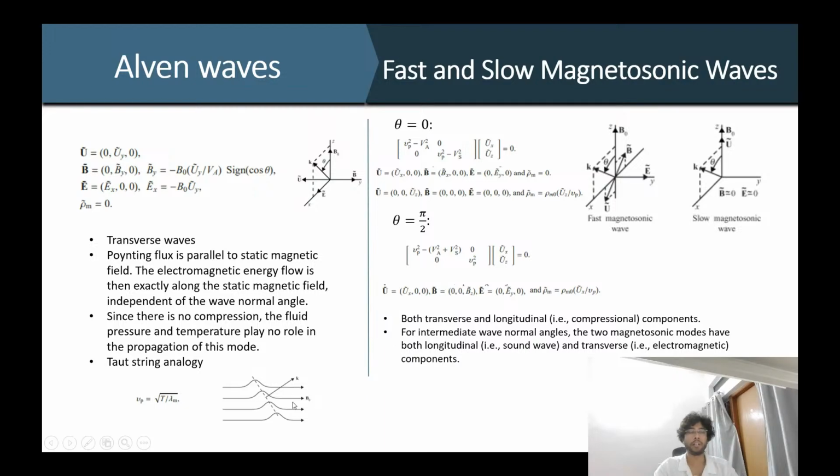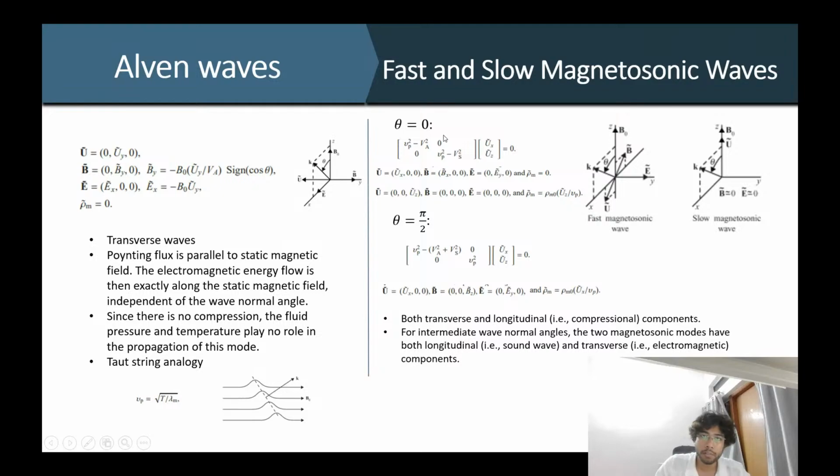Kind of like a taut string: if you just perturb the string, the wave flows along the string, which in this case is the direction of the magnetic field, but the motion of the wave is at a slightly different angle. So the particle motion is not along the magnetic field.